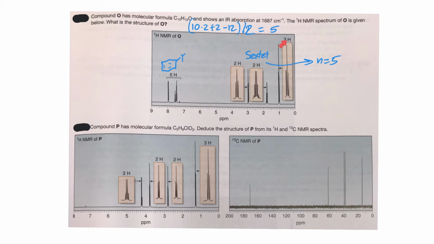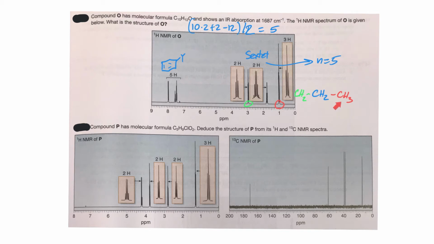So the hydrogens that have created this signal at 1.7 are next to 5 hydrogens, which are probably these 5 here. So most likely we have a CH2 that is next to a CH3, probably this CH3, and another CH2, and that would be this CH2. Does that make sense? Well, if the green CH2 is where we think it is, it would be split by the blue CH2 into a triplet, and indeed we have a triplet.